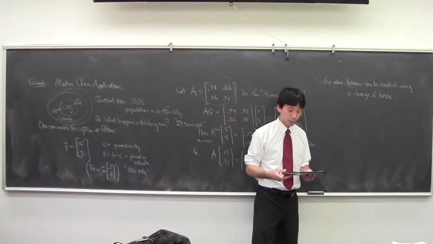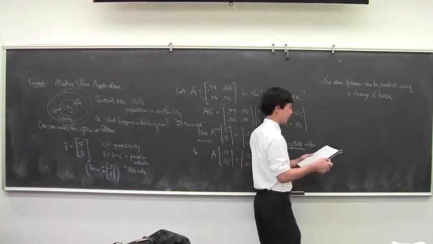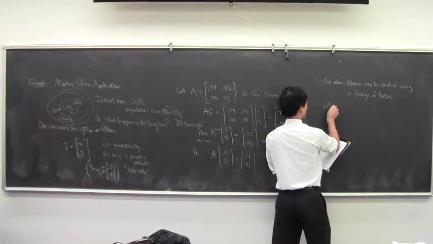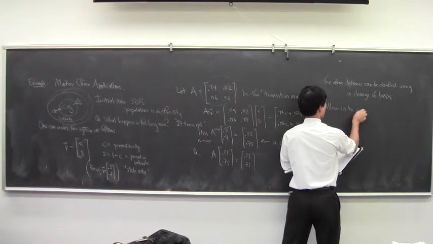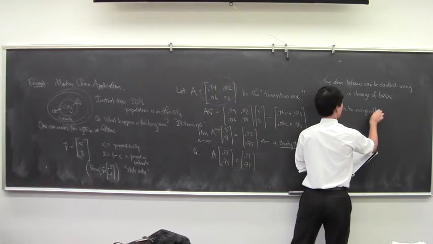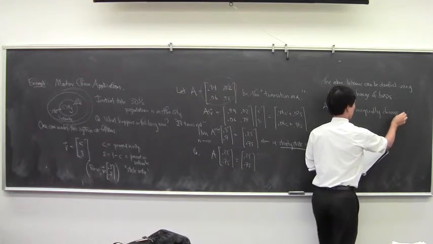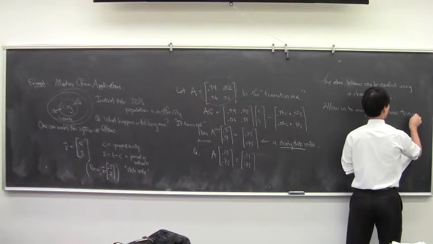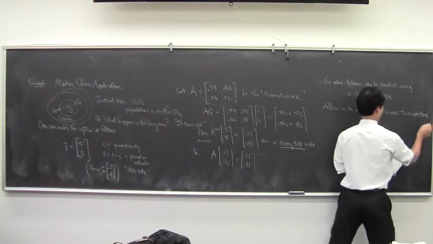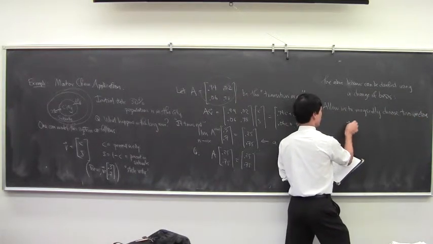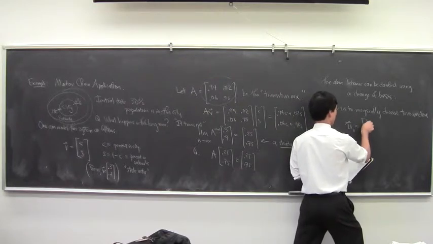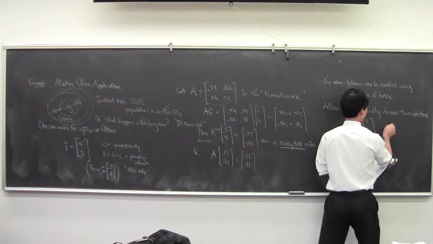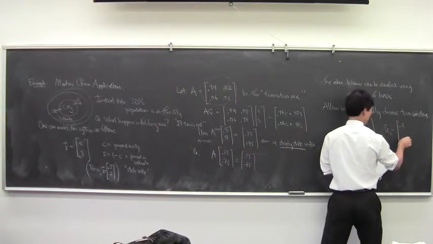So this is going to be a little bit mysterious, but bear with it for now. Allow us to magically choose two vectors. The first one, u1, is going to be 1, 3. The second one, u2, is going to be negative 1, 1.